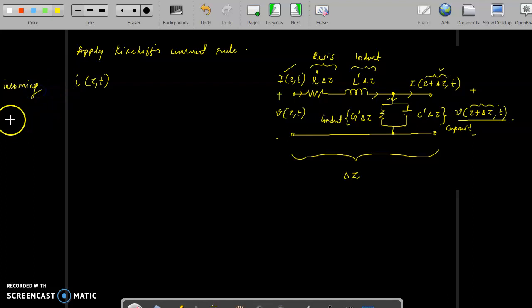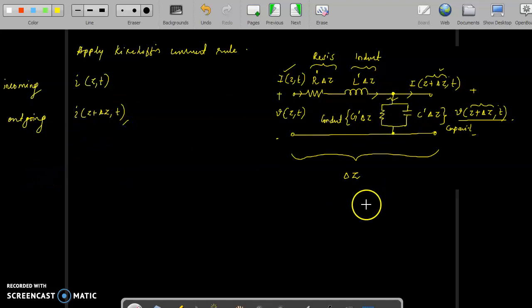So what are the outgoing currents? There are two outgoing currents. One is this one, I(z+Δz,t), and the other is the current through this conductance and capacitance. What is the current through the conductance?